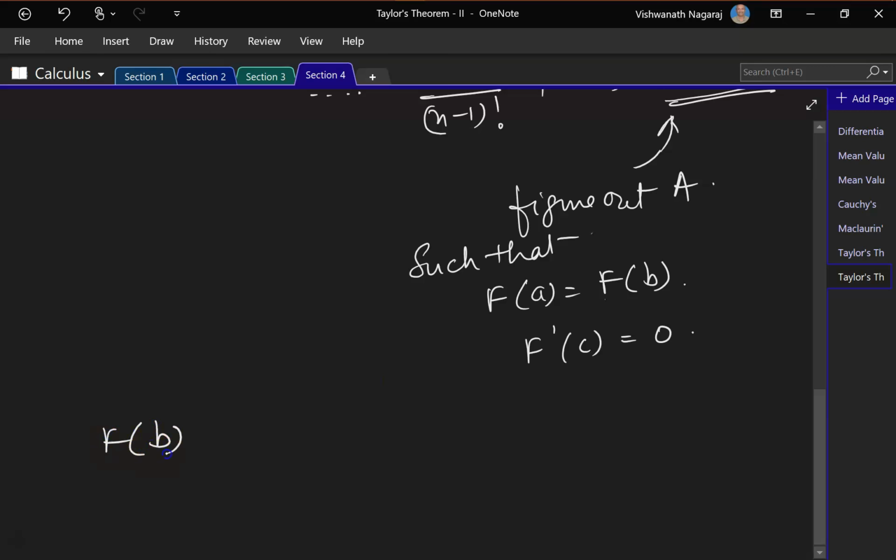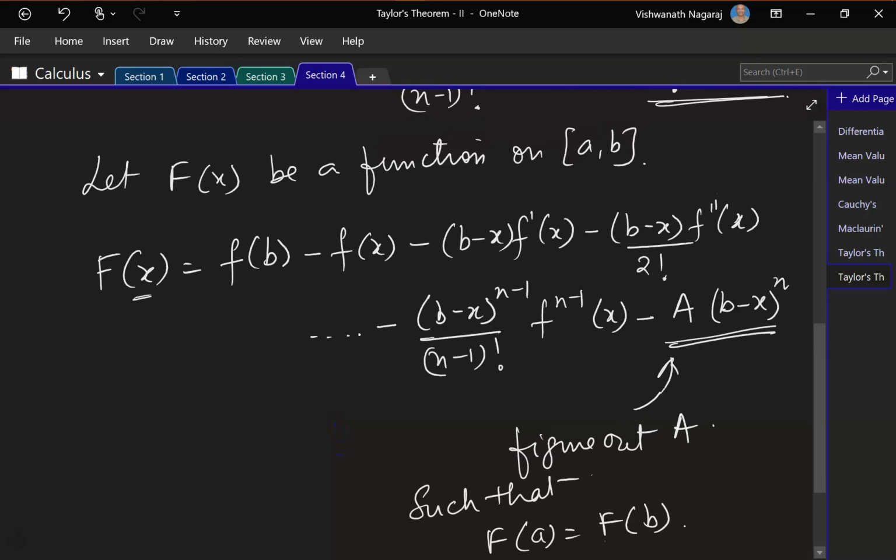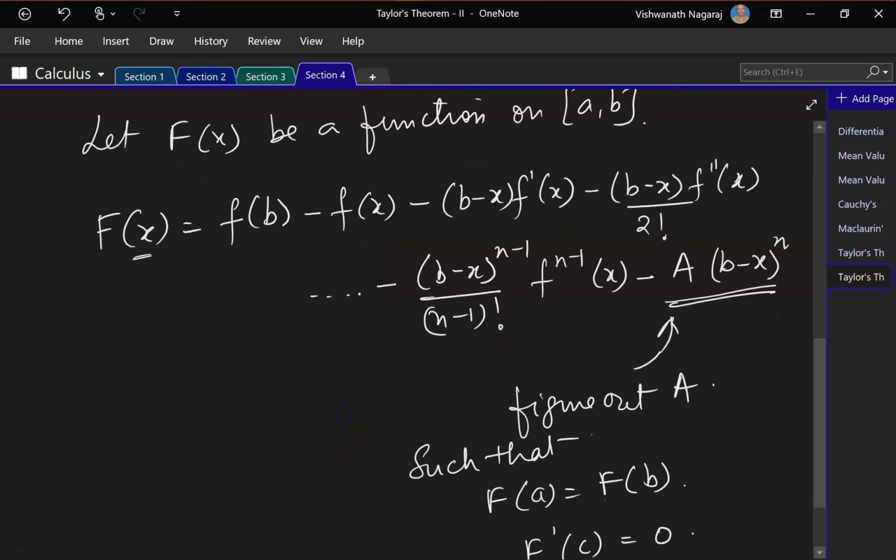F of b is equal to 0. How? Now here instead of x, if I put b, what happens? This is f of b, this becomes f of b. So these two subtracted out goes off to 0. b minus b is 0. b minus b is 0.